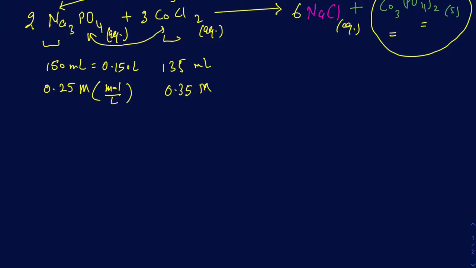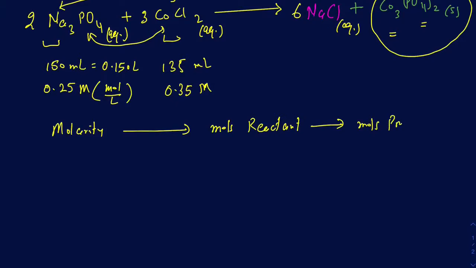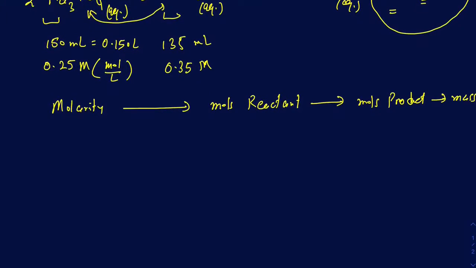When you're given the molarity, find the moles of the reactant, then from the moles of the reactant you go to the moles of the product, and then from there you can calculate the mass. All right, let's try that.